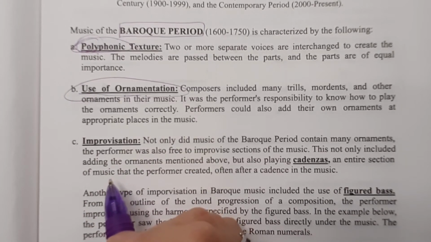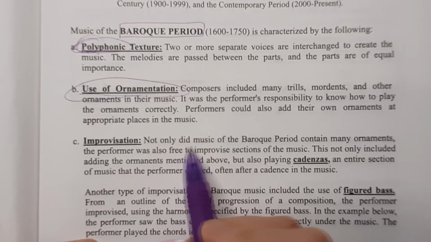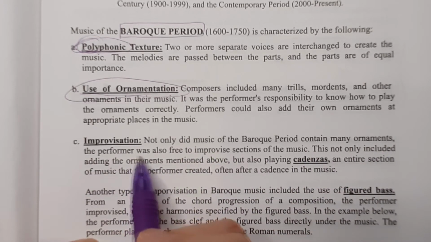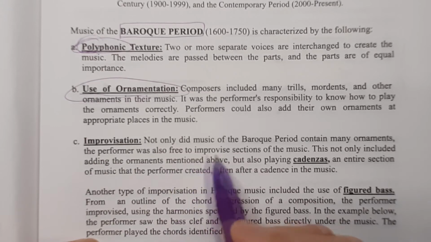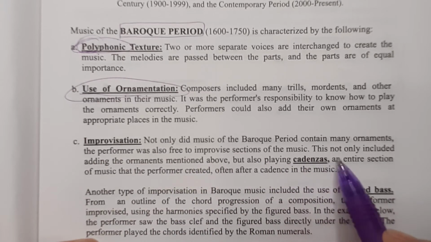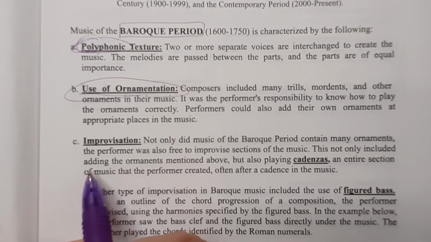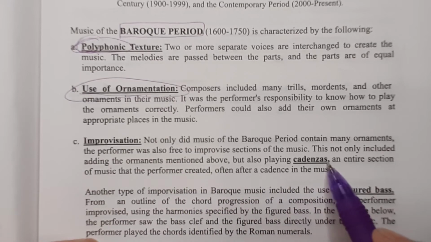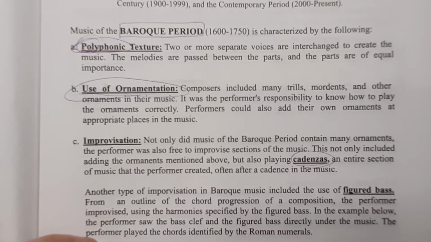Not only did music of the Baroque period contain many ornaments, but the performer was also free to improvise sections of the music. This included adding the ornaments mentioned above, but also playing a cadenza. Can you say cadenza?